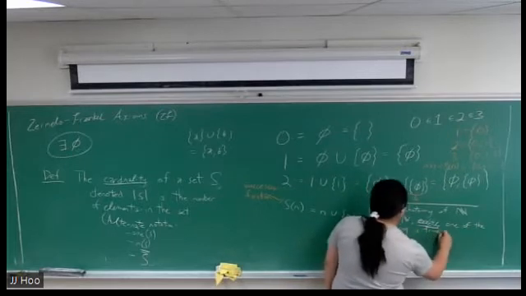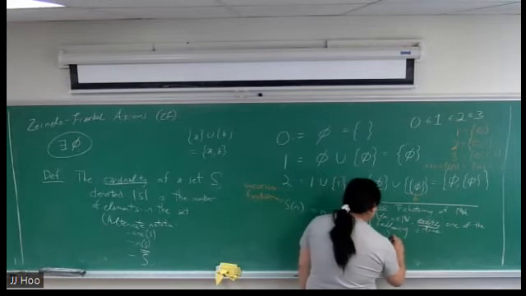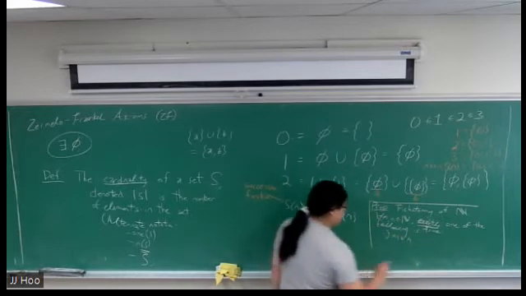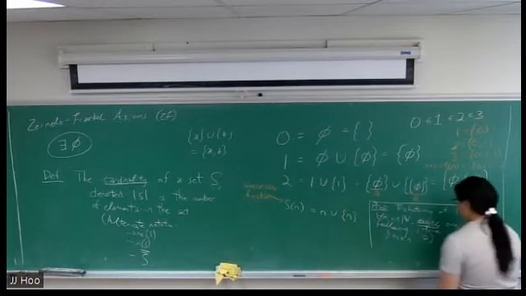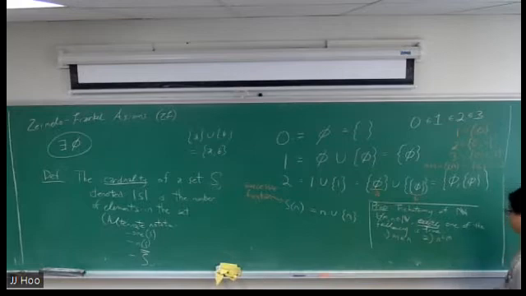And what is it? Well, either we have m is an element of n, n is an element of m, or n is equal to m as a set.